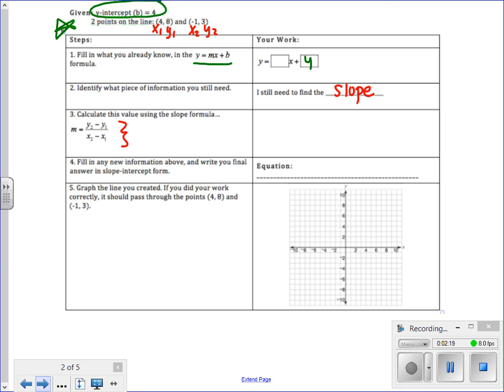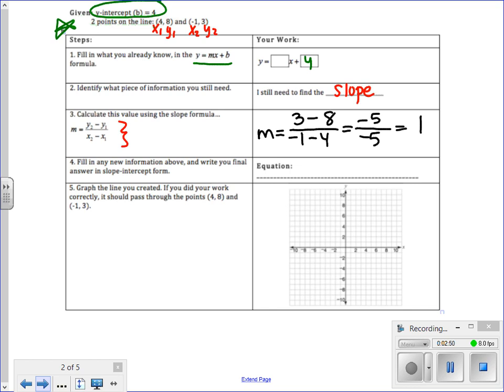When I put those into the slope formula, I get m equals y2, which is 3, minus 8, over negative 1 minus 4. Well, 3 minus 8 is negative 5, and negative 1 minus 4 is negative 5. I can simplify that fraction to equal 1. Now I found the slope that I needed in order to write the equation of the line.